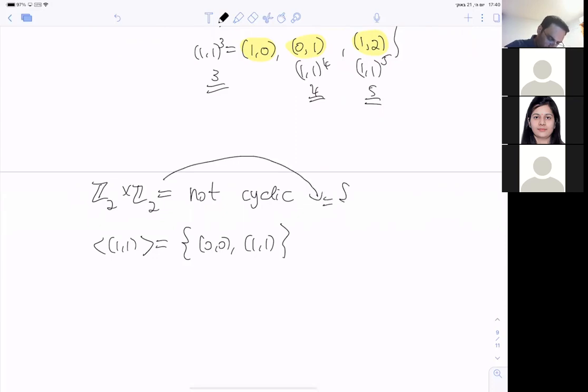Can you please repeat the previous example? Yes, of course.